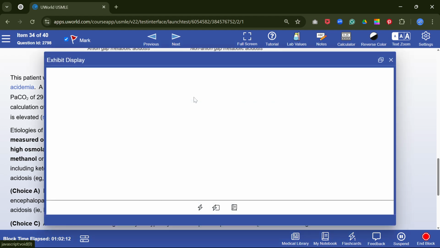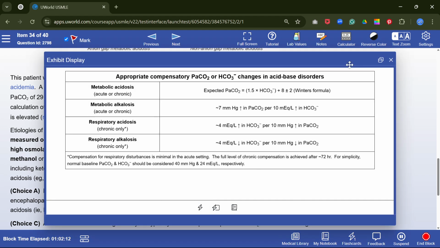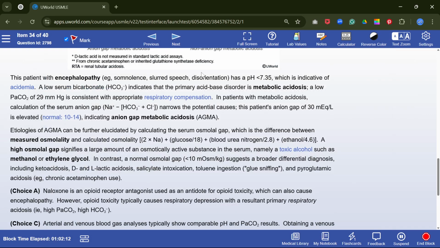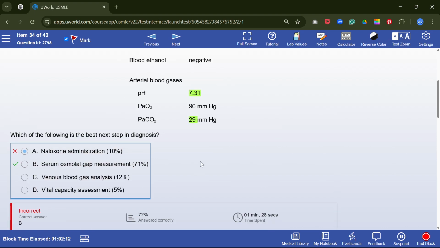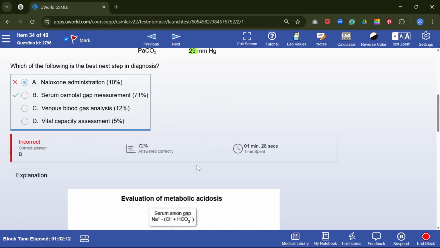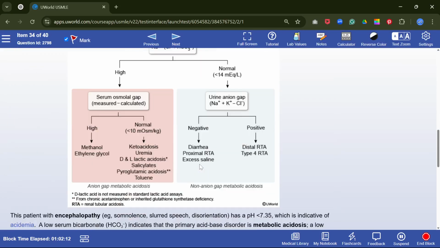And how can we calculate the respiratory compensation? As it is a metabolic acidosis, we need to do the Winter's formula.